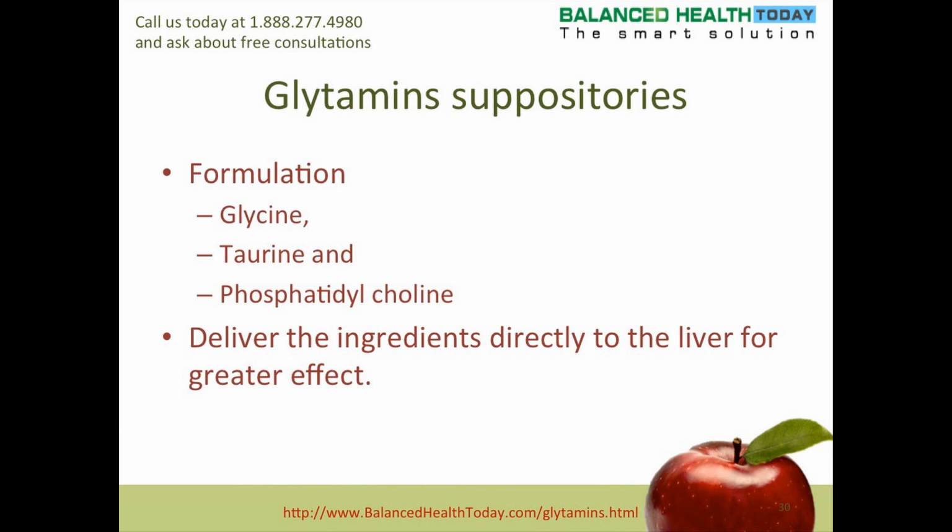Glytamins suppositories contain glycine, taurine, and phosphatidylcholine to help support the body in both dissolving biliary sludge and gallstones, as well as preventing them from recurring. Also, since Glytamins are in suppository form, they are able to deliver the ingredients directly to the liver through the portal vein for greater effect.